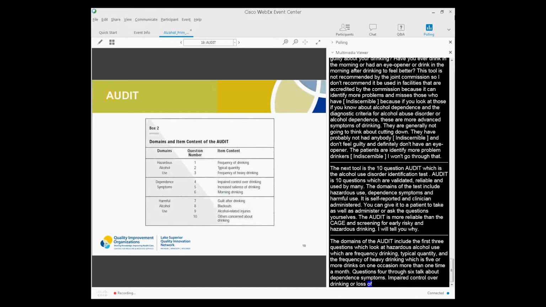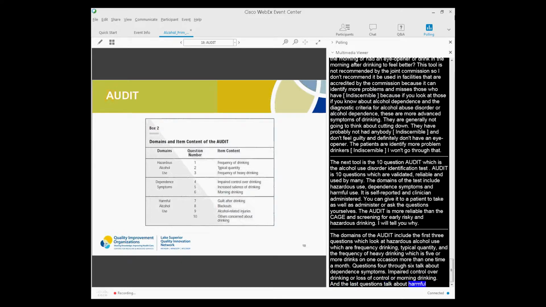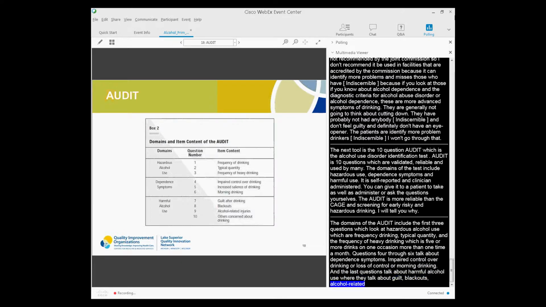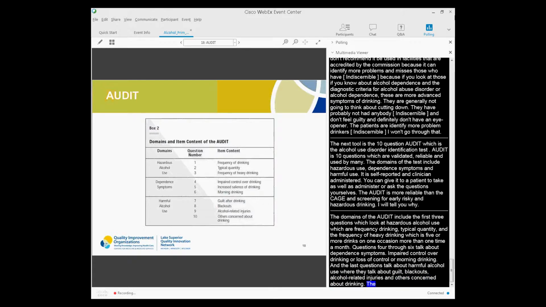And then the last questions talk about harmful alcohol use: guilt, blackouts, alcohol-related injuries, and others concerned about drinking. So if you can see, the questions on the CAGE kind of fall into the last 4 questions on the AUDIT.